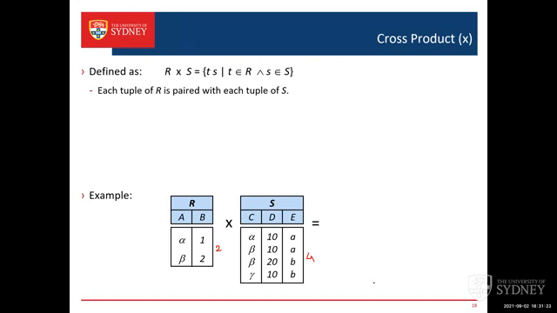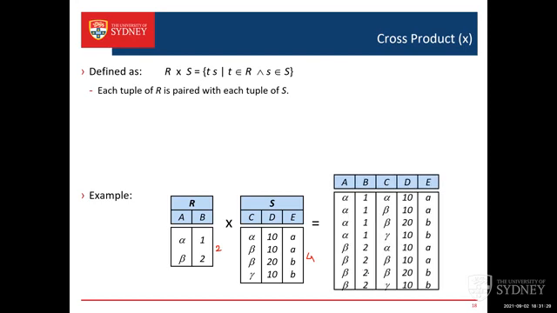Someone said 5, everyone else is saying 8. Yep, it will be 8. For each row, alpha 1 will have all of these 4, and then beta 2 will have all of these 4, so 2 into 4, which will be 8.